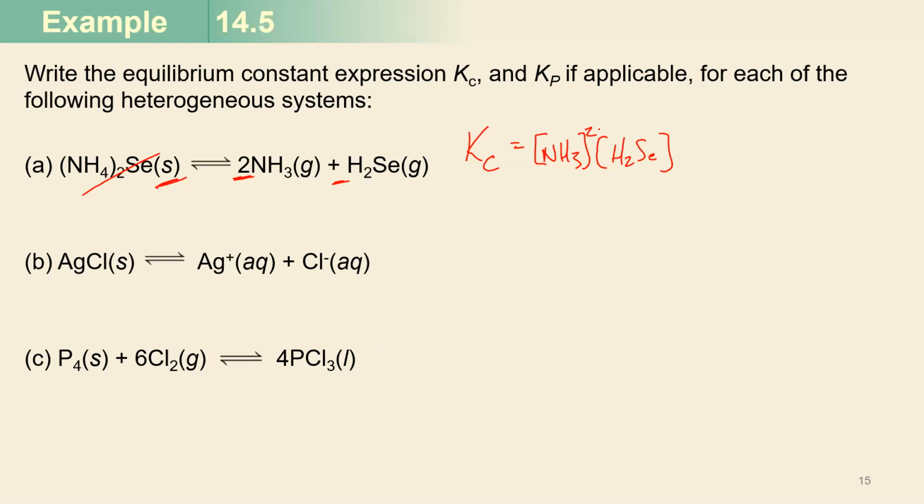Since we ignored the solid ammonium selenide, we have just gases left over. And so we can also write a Kp expression for A here. And so Kp is just the pressure of each gas. So the pressure of ammonia squared times the pressure of hydrogen selenide.